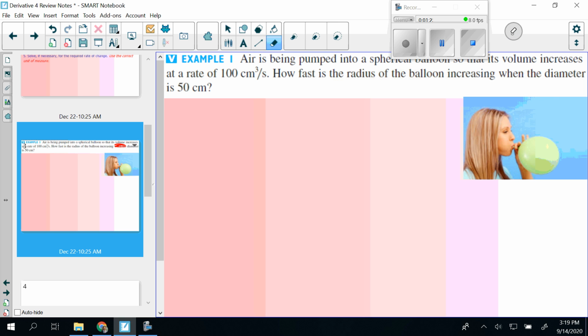So what we have to know is the equation for the volume of a sphere. Usually they'll give it to you, or if you don't know, you should be able to look it up. It's 4/3 pi radius cubed.